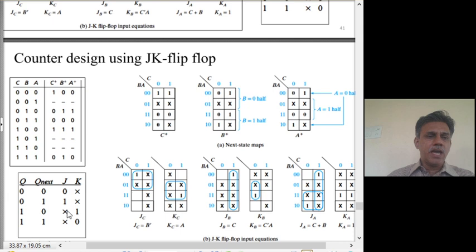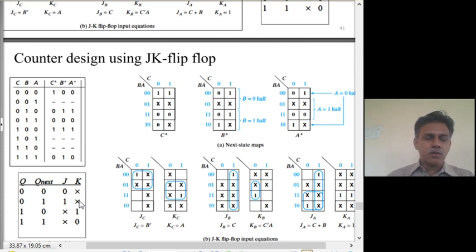So J is don't care for these two rows, K is don't care for these two rows. What does that mean? We will scrutinize. What it tells is, when Q is 0, then whatever may be the next state you are desiring to achieve, you have to fix the value of J appropriately, whereas K is always don't care.